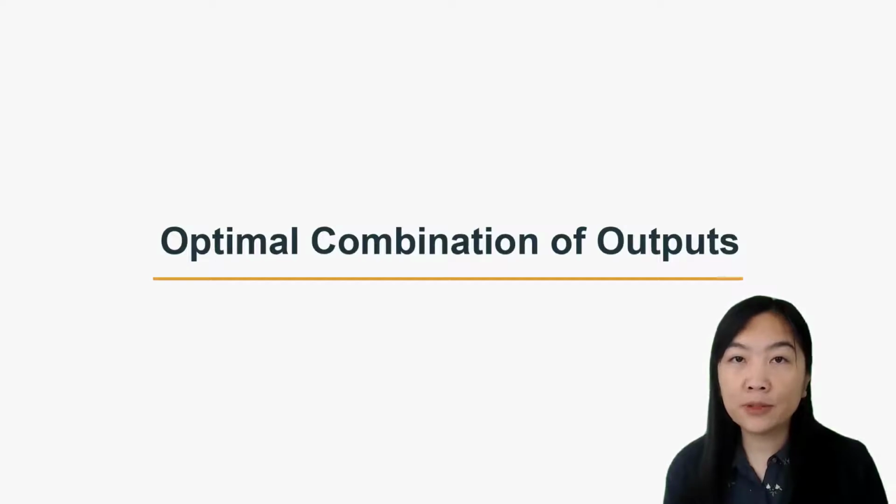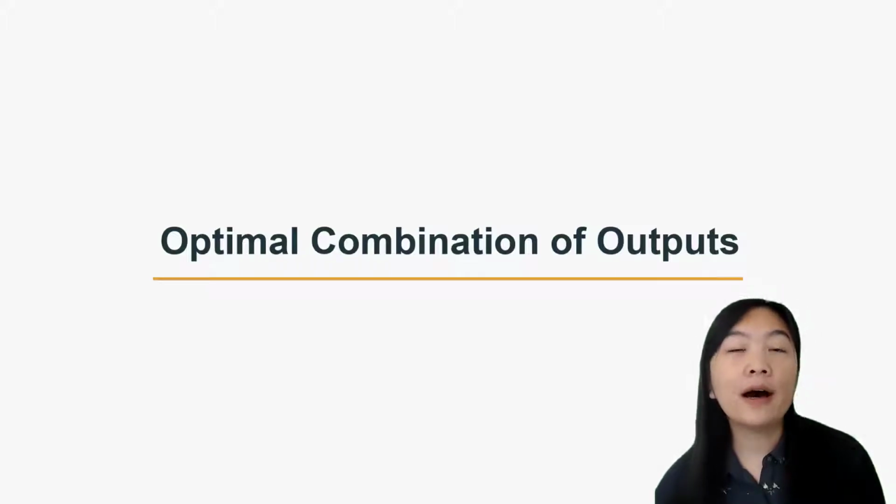We said the optimal input combination is where, if you are given an output level, the optimal input combination will lead to least cost. So here, in terms of the optimal combination of output, the optimal combination actually will maximize the revenue.